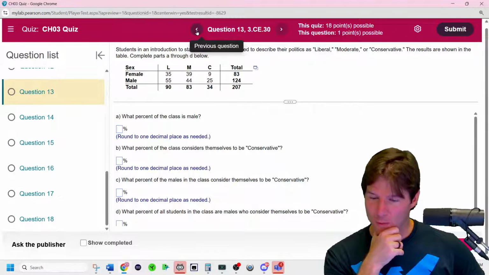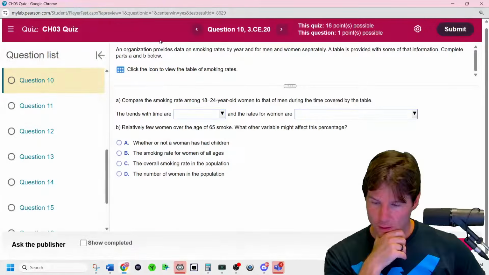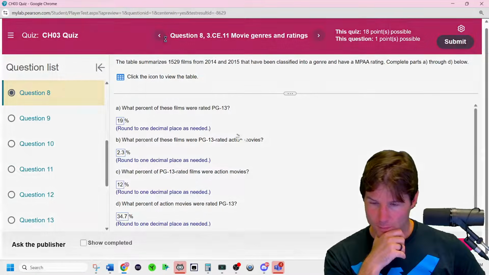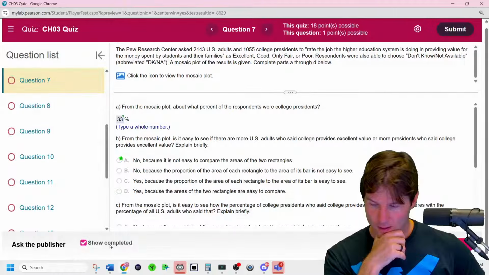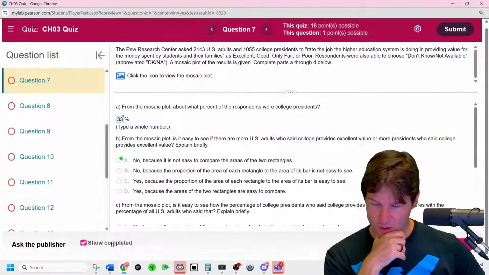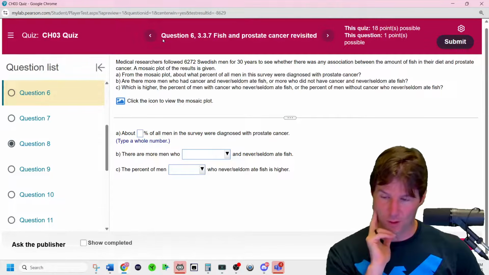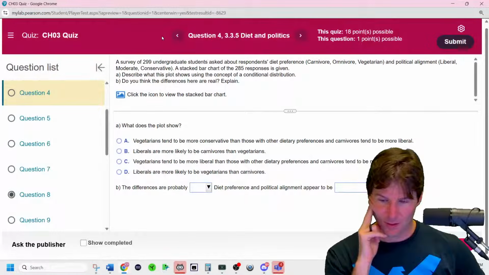What percent have a poor value is the first question. Sometimes it changes the question when you answer it. Like there's different versions. How is it possible that you could have a question I don't have?